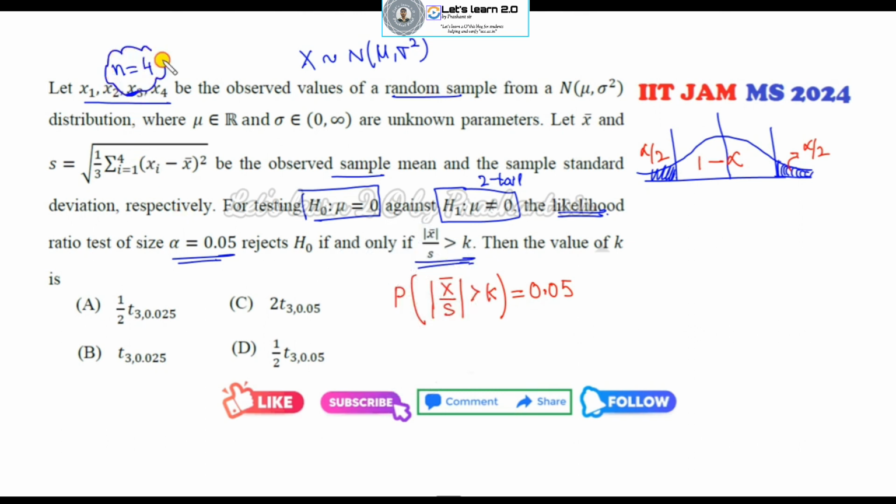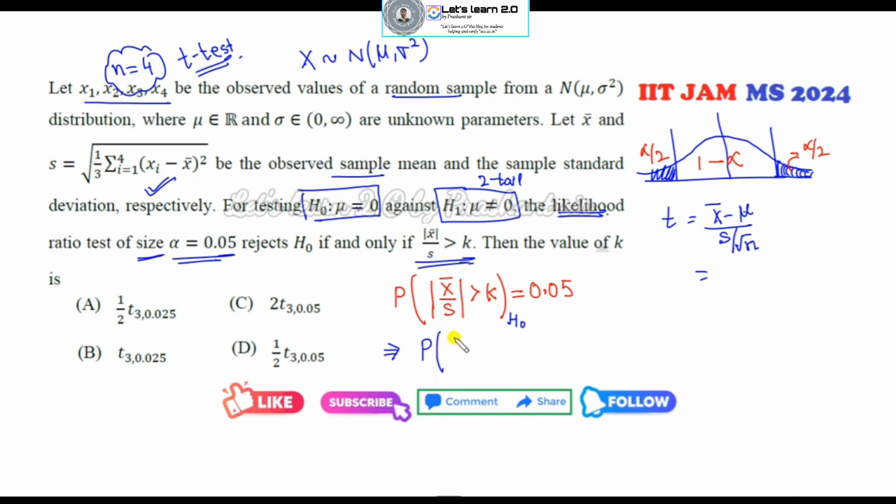This number is given as 0.05. Now when the sample size is small, which test will be applicable? That is a t-test. Fine. Now mu is 0. What is the t-test? (X bar minus mu) divided by S over root n. Now we compute it under H naught. H naught is mu equals 0, so this number will be 0. S we already defined. Now what can I do?